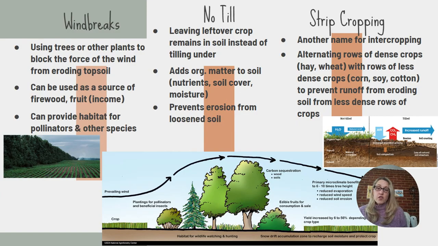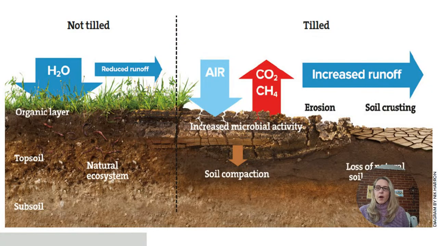From soil conservation to water conservation to providing pollinator habitat for pollinators that will like to eat one particular type of crop and will help pollinate another one. If you looked at your GMOs gizmo, one of the things that they had was having that reserve field of no GMOs so that there was a natural place for the predators to live. All kinds of great benefits to strip cropping.